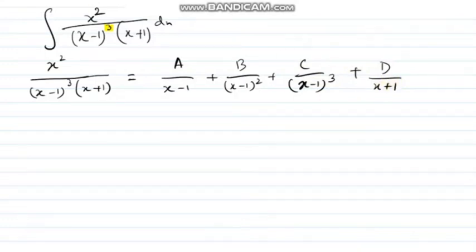Like I said in the last video, if there is any quadratic expression in the denominator, in the numerator I need a linear term. Similarly, it is repeating 3 times, so I am taking power 1, power 2, power 3. If it is repeating 2 times, I am going to take only power 1 and power 2. This won't be required at that time.